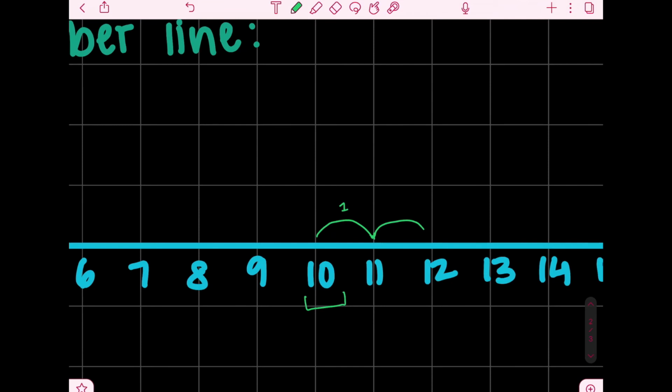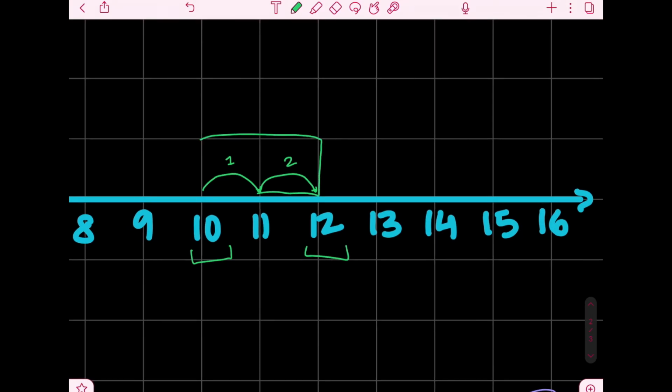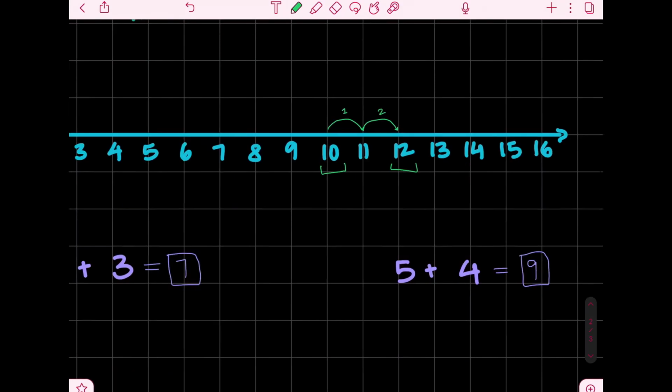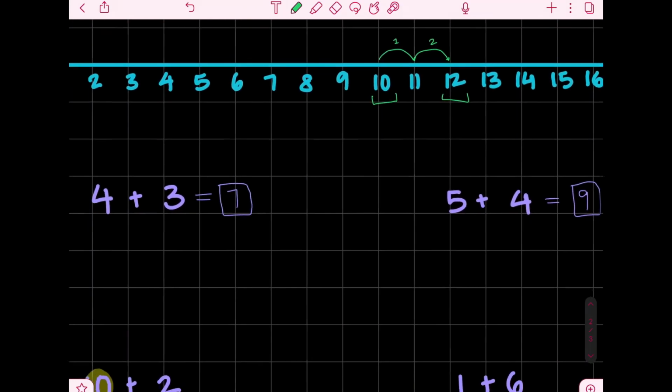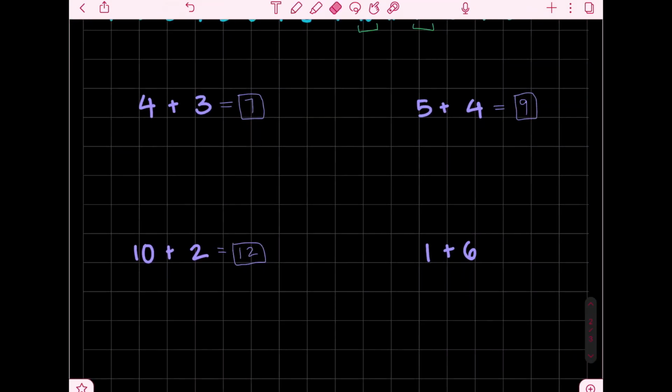We go over a second box, that's number 2, and we have ended up at the number 12 because we have gone 2 boxes in this space. So 2 boxes leads us to end up at number 12, and with that we have solved another problem. We're getting closer to the end now, just 2 more problems and then we're done.